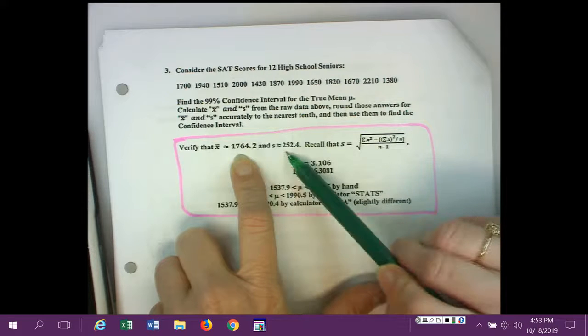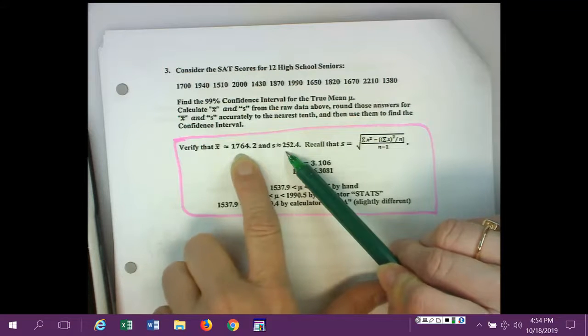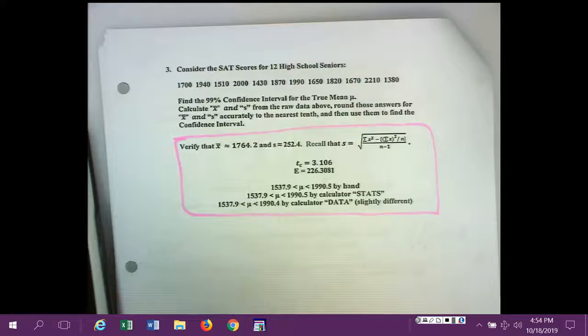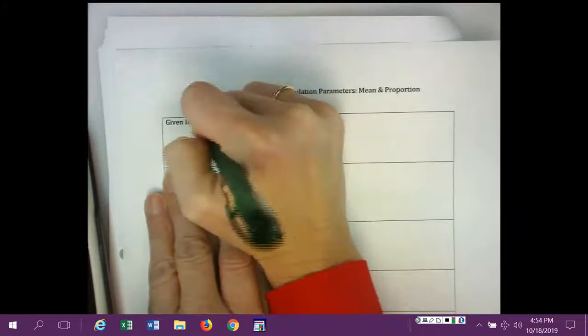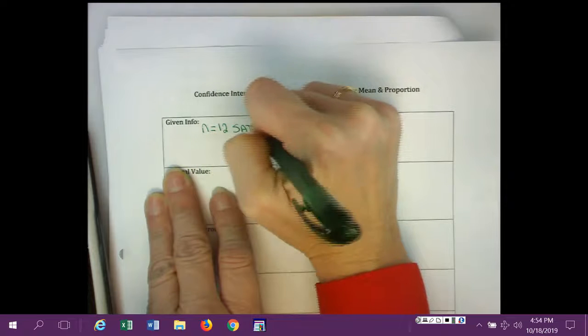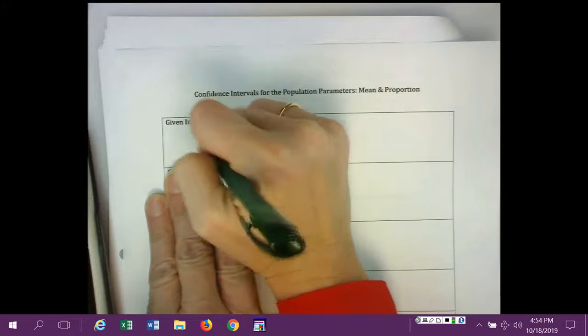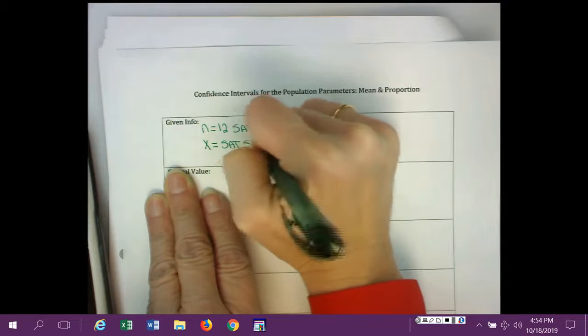Now that we have that information, I am going to go about finding the confidence interval for this problem. I will take a blank template and I am going to write down that we have N equals 12 SAT scores and X, SAT scores, is the variable.